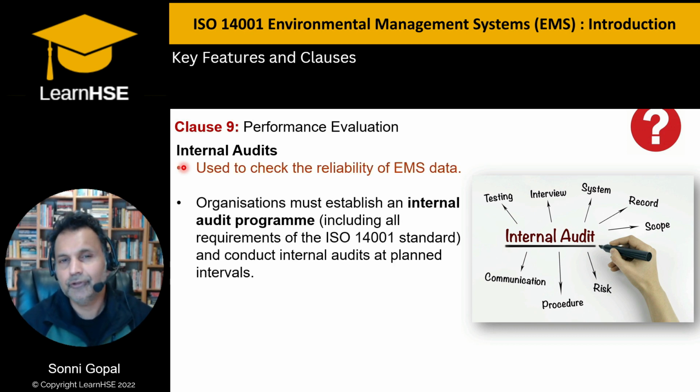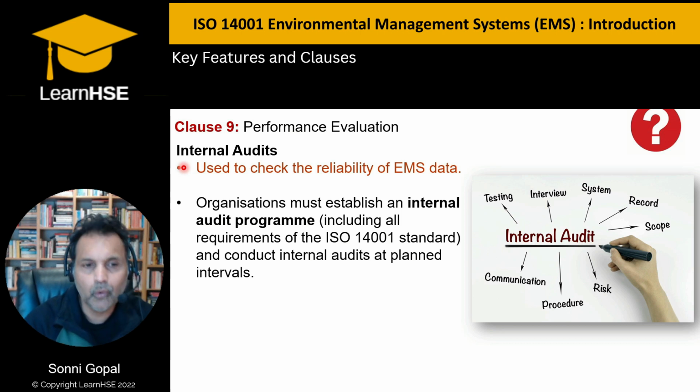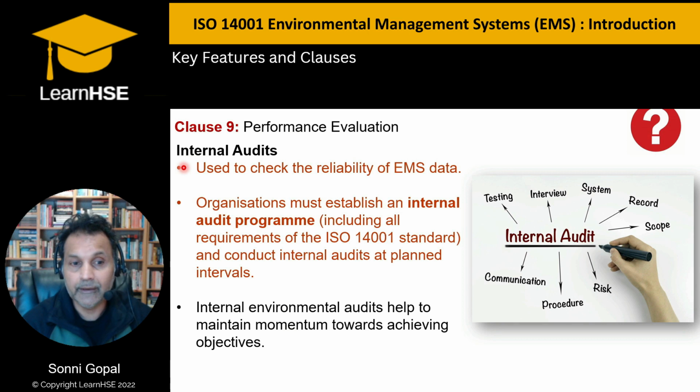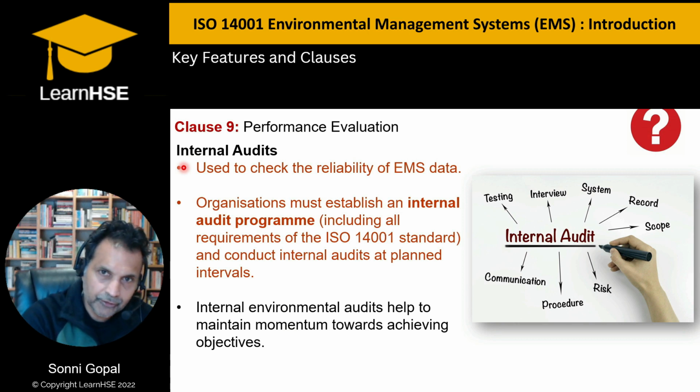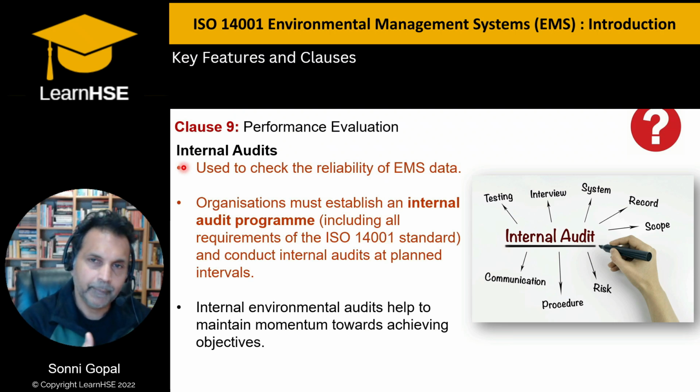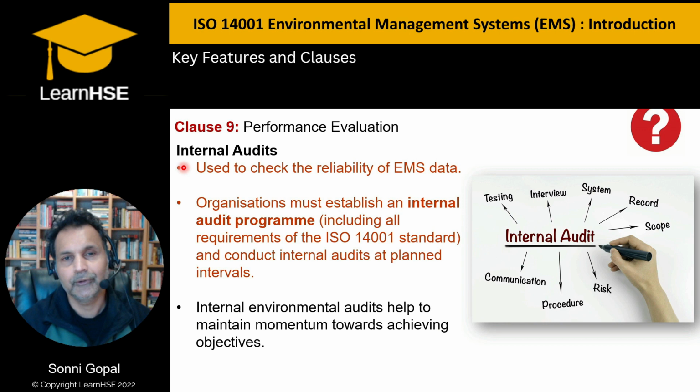An organization should establish an internal audit program including all the requirements of the standard and conduct internal audits at planned intervals to make sure that they're in compliance. Now, internal or environmental audits help the organization to maintain momentum towards achieving their environmental objectives. So they play a very key, vital, important role when it comes to environmental management within the organization.